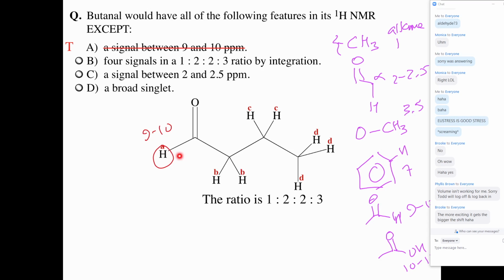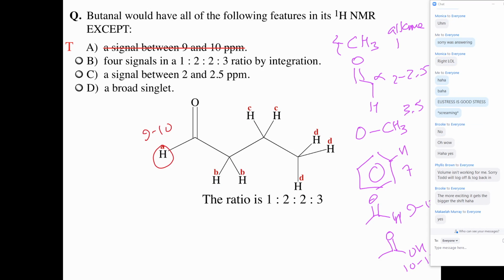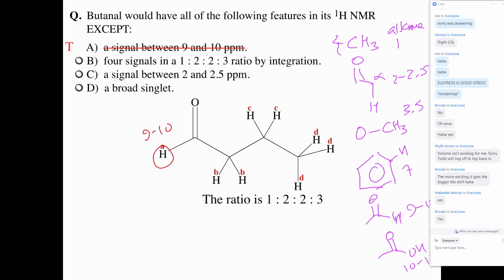Will I get 4 signals in a 1, 2, 2, 3 ratio? Yeah, is that a good way to look at it? The way Brooke just said: the more oxygen you're near, the more excited it gets. I get really excited around those magnetic fields of oxygens.